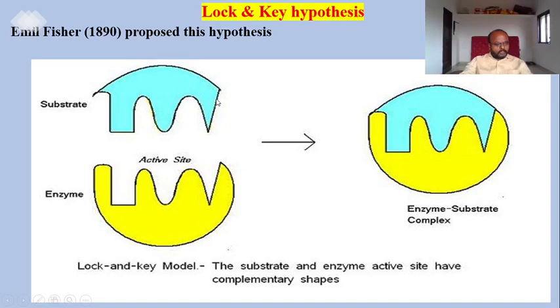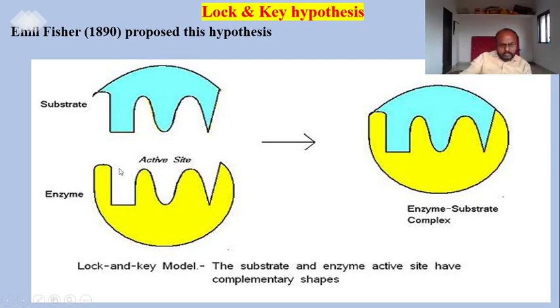So this lock and key hypothesis is a very simple hypothesis to understand the chemical reaction or enzyme action. According to this hypothesis, the enzyme has an active site, also called an allosteric site.